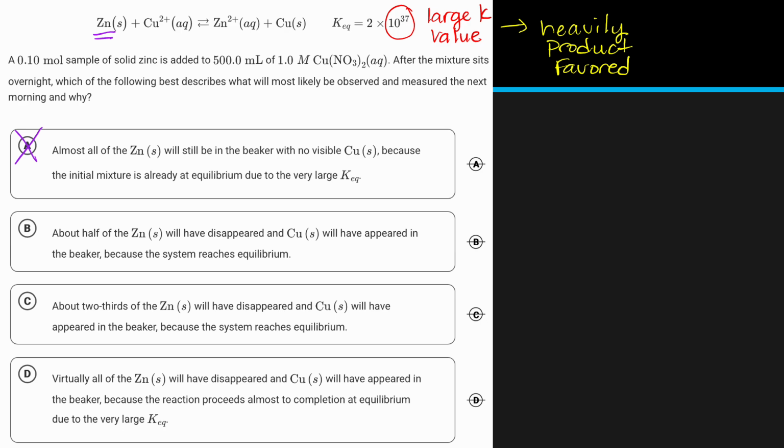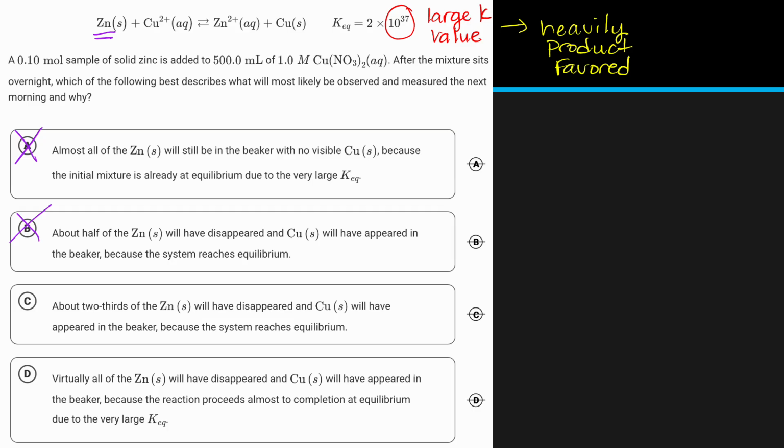Then B says about half of the zinc will have disappeared and Cu will have appeared in the beaker. So if we had a K value around 1, then this could be the answer. But because our K value is so large, we know all of our zinc will pretty much be gone. So that is wrong.